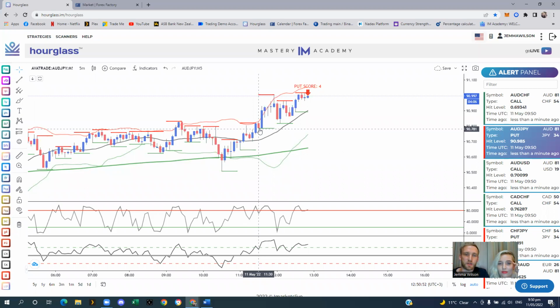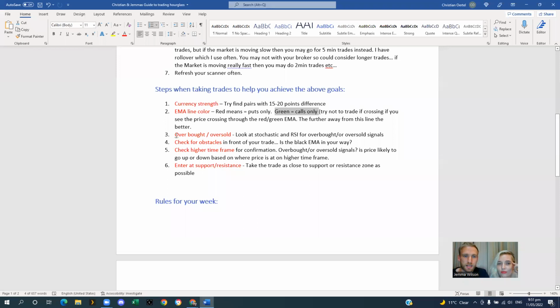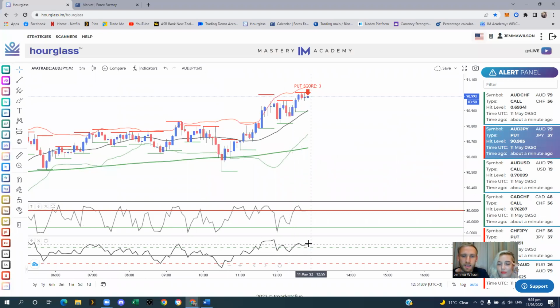So that's the idea. And if you stick to the rules that I'm laying out for you, then you will be constantly trading with the trend on a pullback. So we've confirmed the trend with those first 2. The next thing we're going to do is look at the stochastic and the RSI down here, and try to find a trade where the stochastic and the RSI have come down.